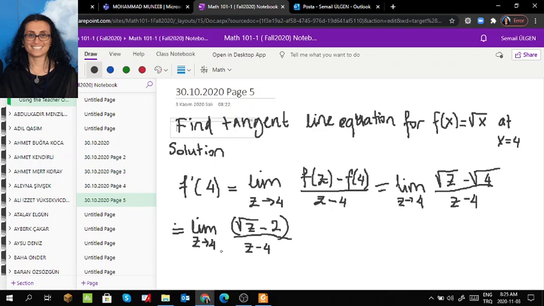When you plug in z equals 4, you're going to get 0 over 0. Okay, we don't want to do that. Zero over 0 is undefined, so it's not good, okay?